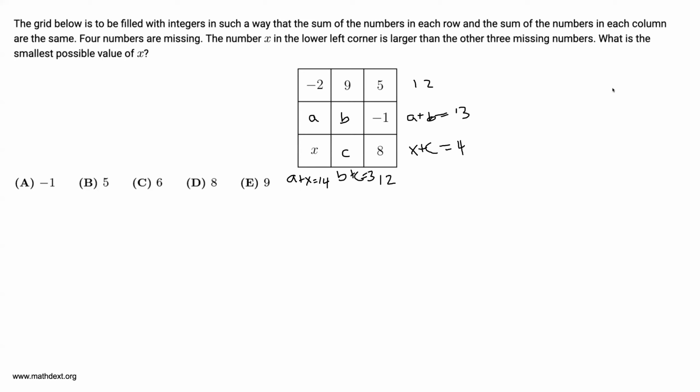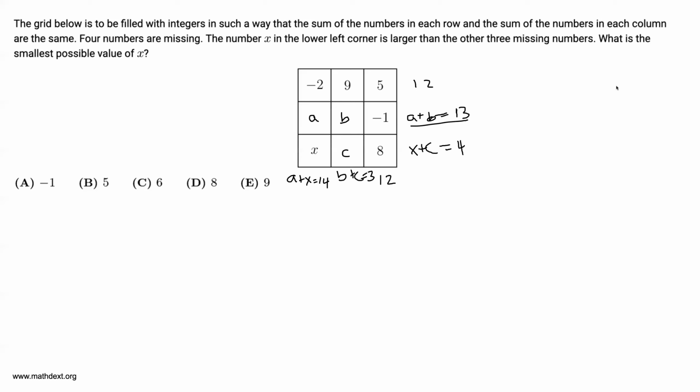Well, you would look at the second row, because you have A plus B equal to 13, and 13 is a pretty large number, right? So it's certainly larger than this 3, that's B plus C. And we're not considering this first column because it includes X, and X is going to end up being bigger than all the others.